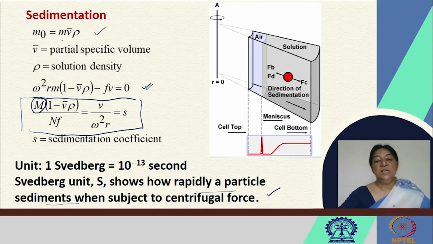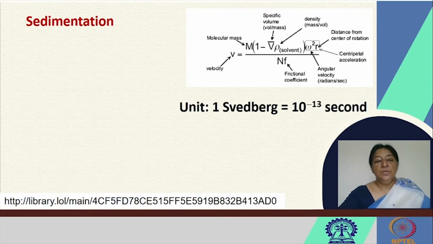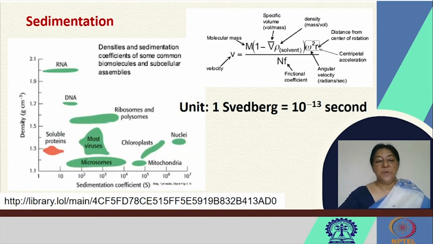What we see is a balance: a centrifugal force acting in the direction of sedimentation, and a buoyant force and a viscous force that act against the centrifugal force. So in the sedimentation method, we have the molecular mass, the velocity, and the specific volume, as we saw from the different aspects that we looked at.